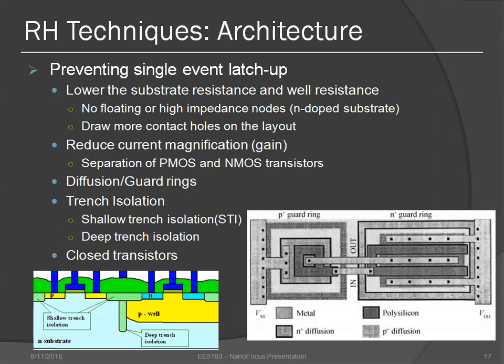That will reduce the parallel resistance and thus reduce the threshold voltage of the parasitic transistors. In order to reduce the gain, we should place the PMOS and NMOS transistors as far away from each other as possible. This is because the magnification factor is inversely proportional to the base thickness. So the thicker the base, the smaller the gain. Or the further apart you can place your PMOS and NMOS transistors, the smaller the gain.